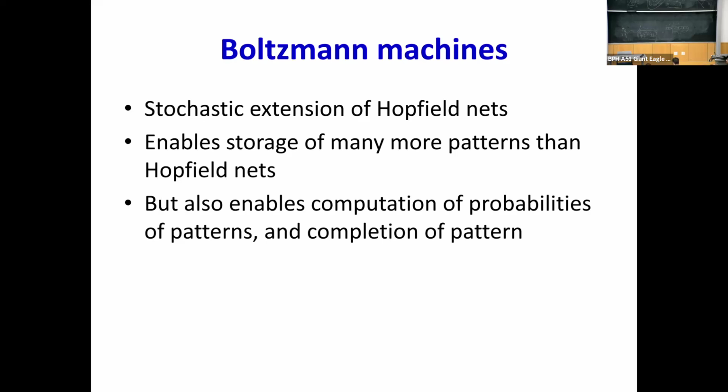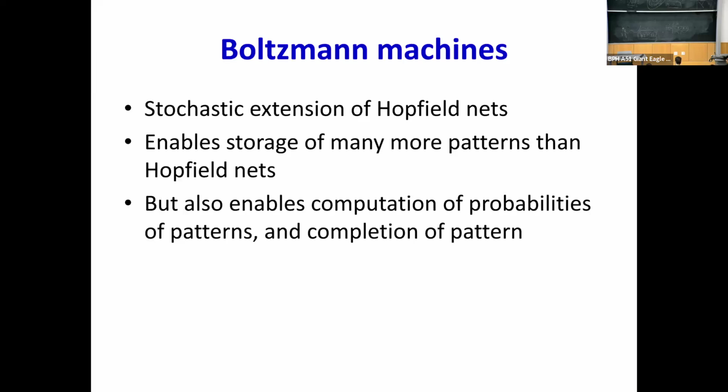Because it turns out that now if I actually train the network and think of this as a probabilistic machine, then I have learned a Boltzmann distribution, and then I can draw samples from this Boltzmann distribution by just randomly initializing the network and letting it evolve in a stochastic manner.